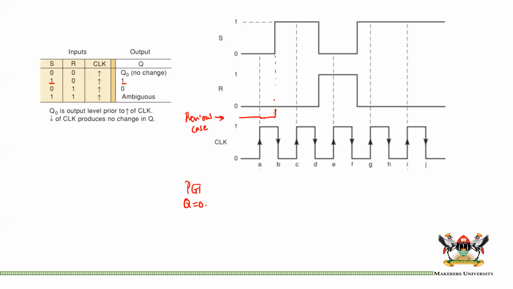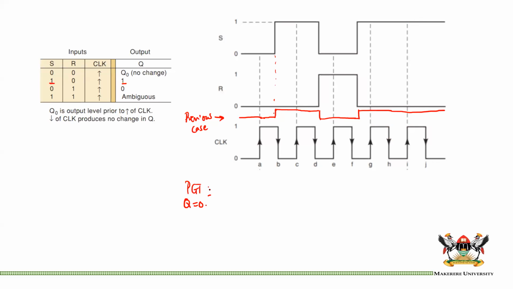So it would go to a 1 all the way until R goes to 1. Assume these are not matching. At this point, let us say that S is 0 and R is 1. If R is 1, we reset, and we remain reset until the next point. Let's say here R is 0 and S is 1. The moment S goes back to 1, we set again, and we remain set for as long as S is 1 and R is equal to 0. This would have been the previous case.